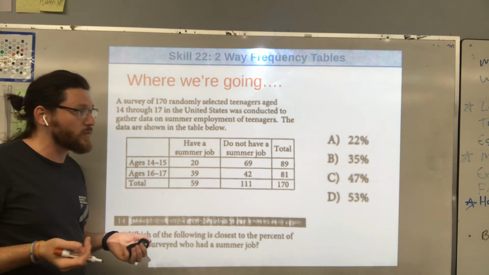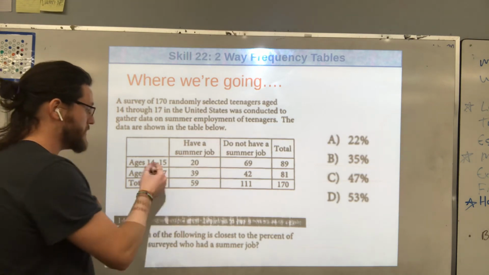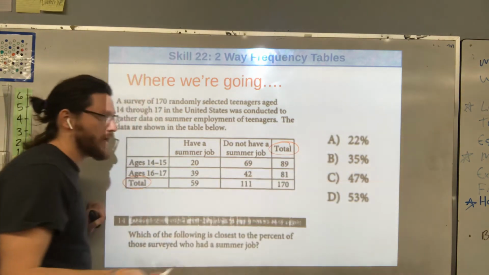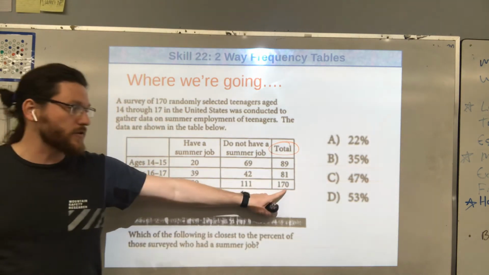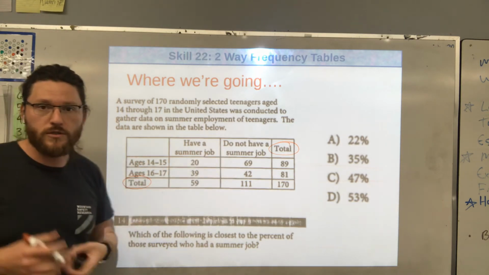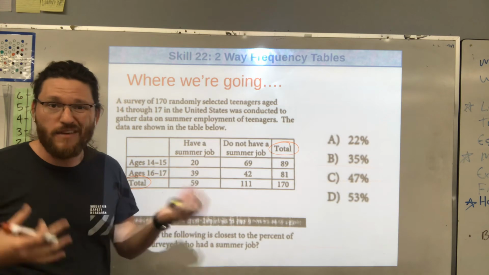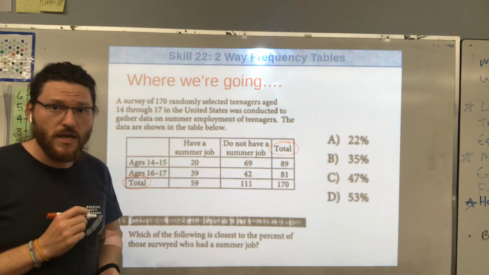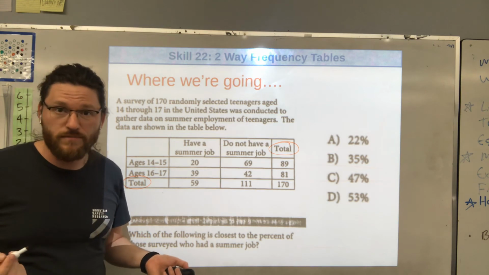But the idea here is that we can find percentages from these weird tables that give you totals, okay? So this one interviewed 170 kids and found out which ones have summer jobs and which ones are in which age brackets, and then gave us totals on the sides. We can do a lot of percentage calculations from this, but we need to get there first, okay?